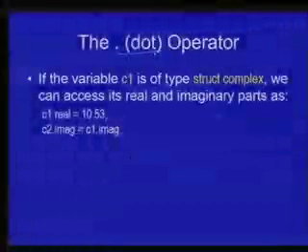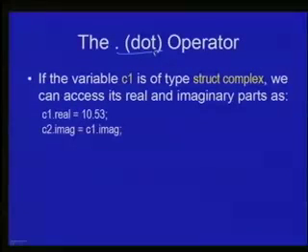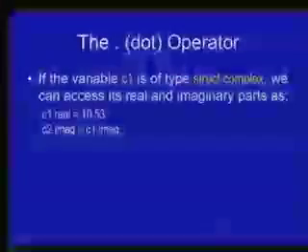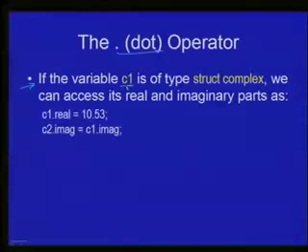Now we use the dot operator to access individual fields of a structure. Obviously, if we are given a structure, we need to be able to manipulate the different fields of that structure, and the dot operator is used to obtain an element of a structure given the structure itself. As an example, let's assume the same struct complex declaration. Let's say C1 is a variable which we have declared to be of type struct complex, and now we can access its real and imaginary parts as shown.